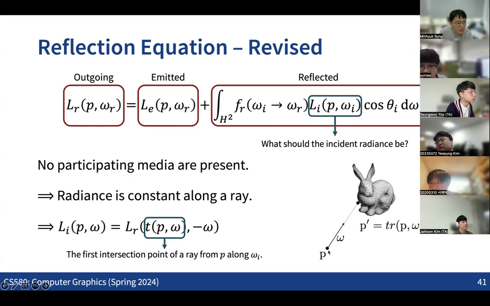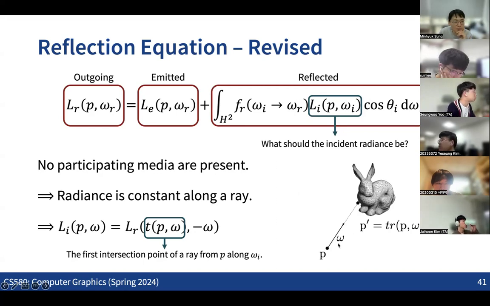Then this incoming radiance from this direction should be the same as the outgoing radiance at the first intersection point along the opposite direction. Very obvious, right? So in global illumination, the way we calculate the incoming radiance is by taking the outgoing radiance from the previous bounce, the previous reflection.